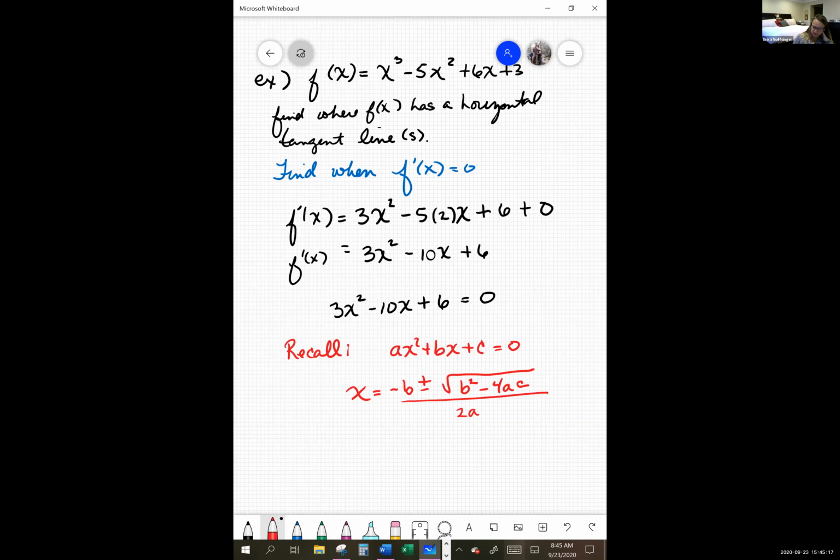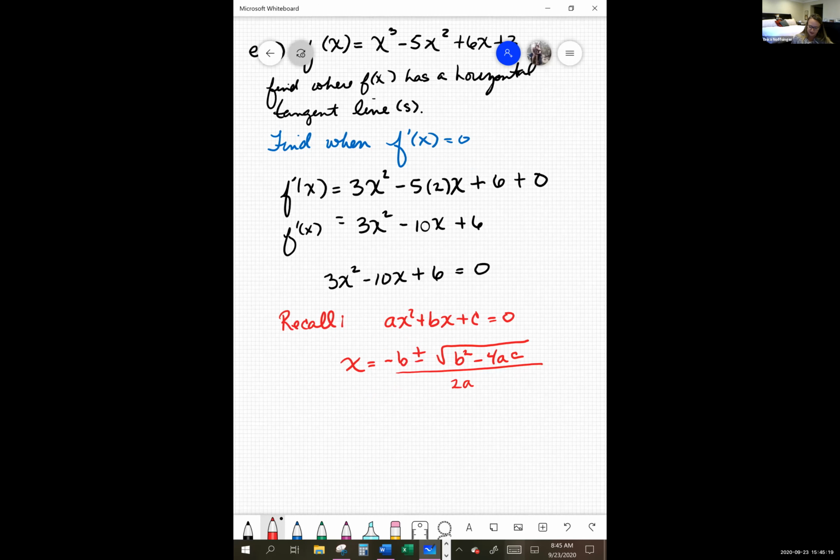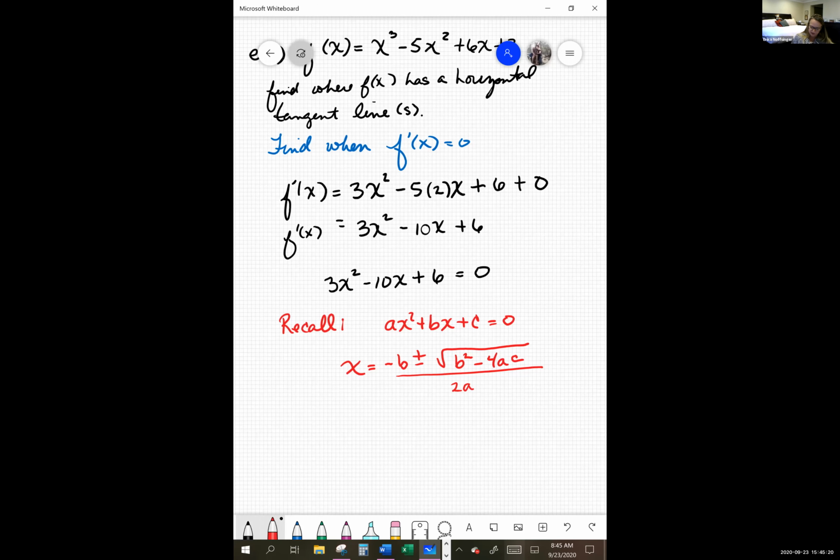So all I'm doing is going in here and plugging in my values and simplifying. So I have x is equal to negative b, so the negative of negative 10, plus or minus the square root.